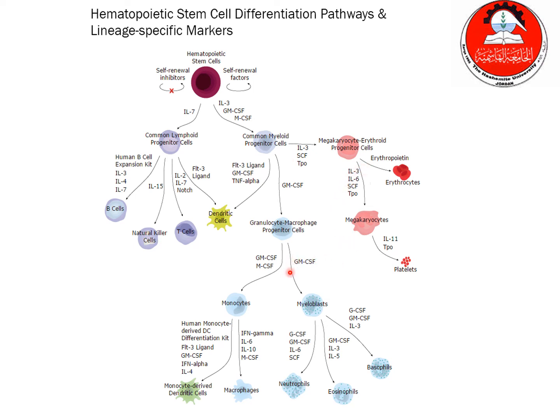Here the granulocyte macrophage colony stimulating factor. Here the monocyte colony stimulating factor. So they play an important role in almost all the steps of differentiation of the hematopoietic cells, as we can see in this figure.